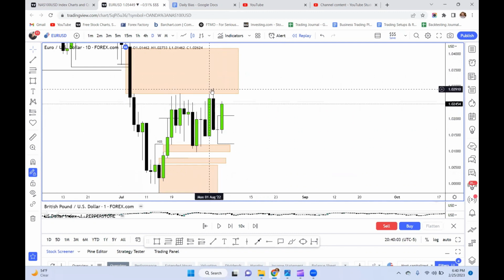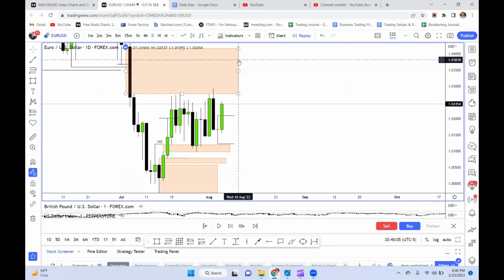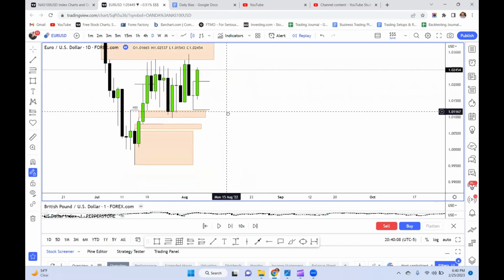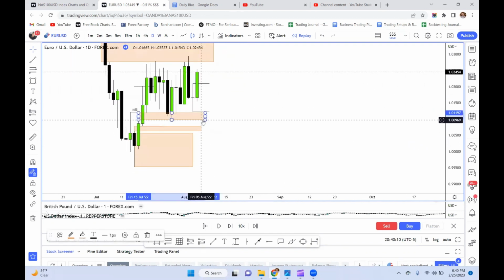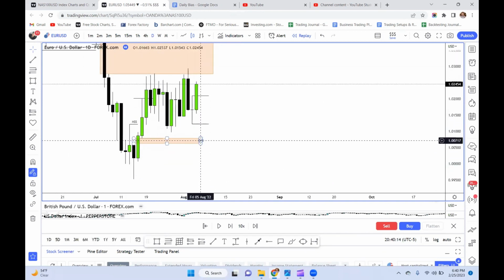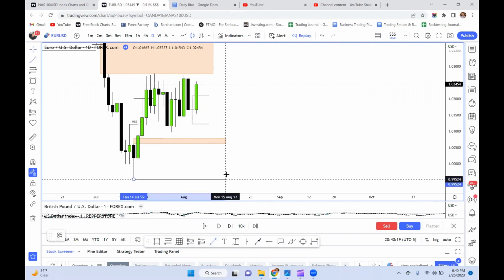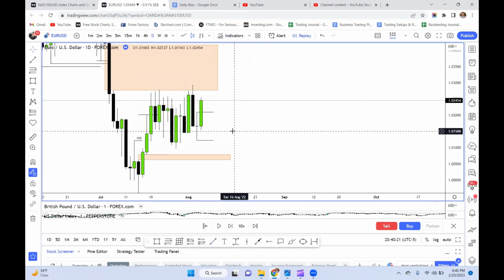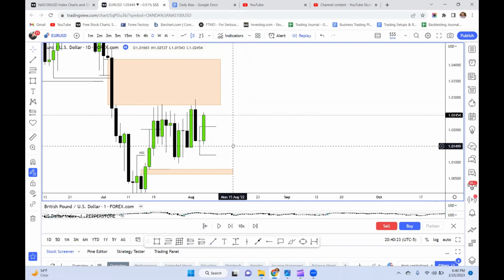Who knows if it's going to run out this liquidity or this fair value gap? Right now, we take this off because it's rebalanced. Take this off. There's also this fair value gap down here and this liquidity here that price can target.